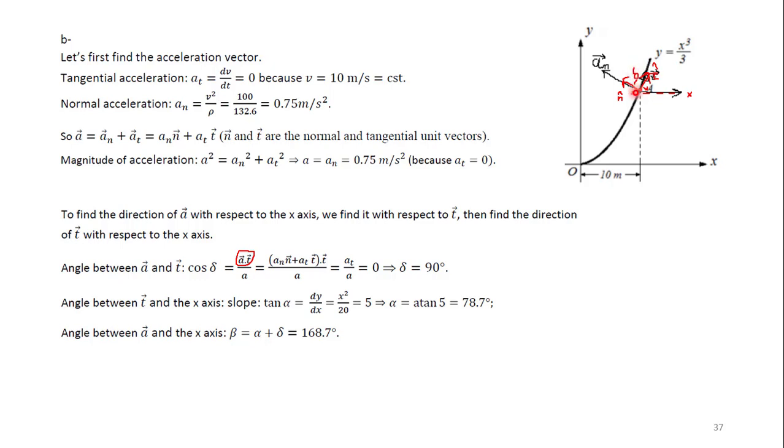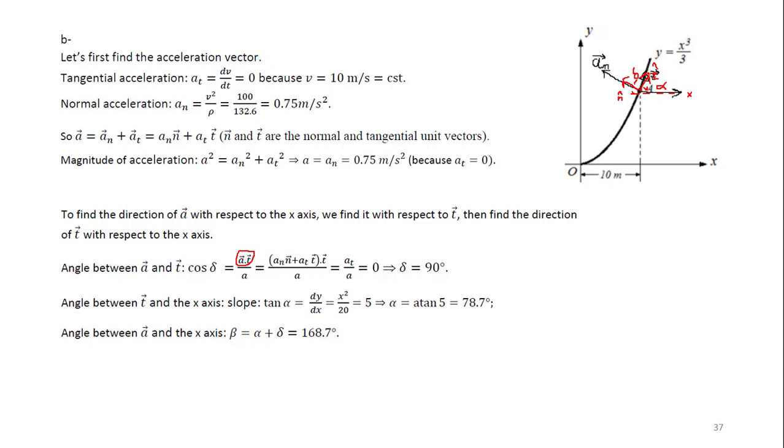Now let's find the angle between tau and the x-axis. Okay, let's make use of the equation of the trajectory. In math, you know that the tangent of this angle, let's call this angle alpha. So let's call the angle between tau and x alpha.